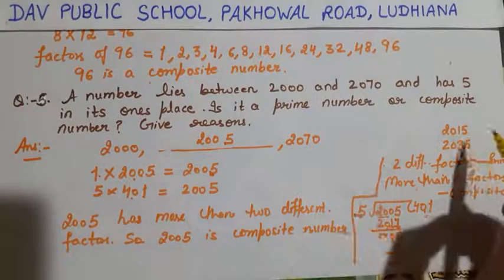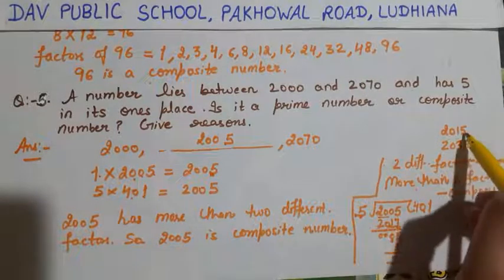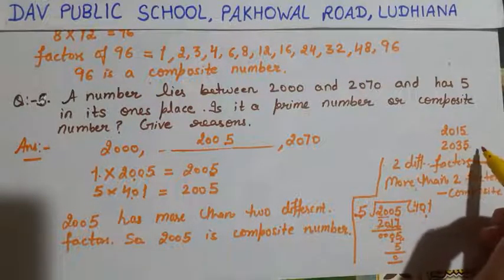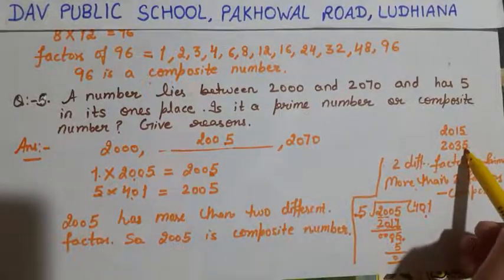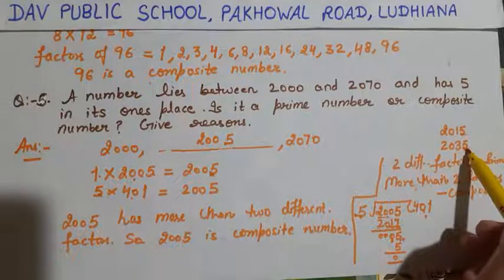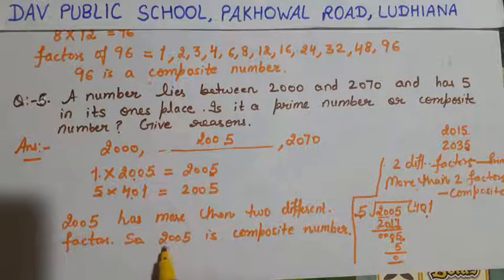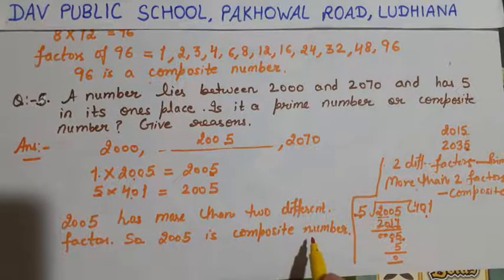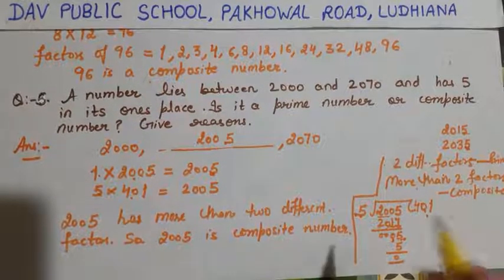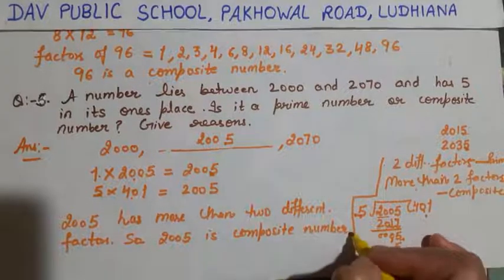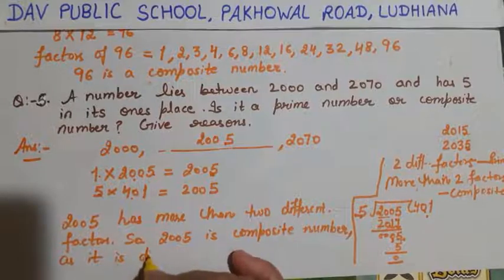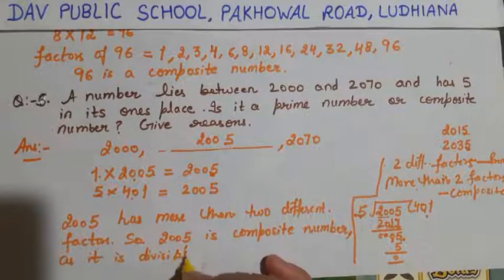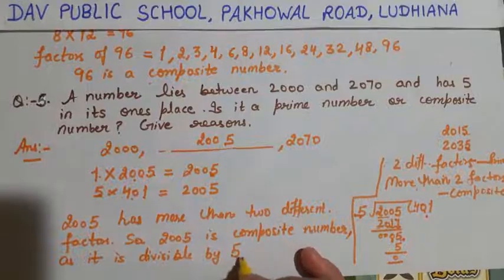Okay, if you take another number, say 2015 or 2035, then also they will have 5 as one of their factors, okay. So obviously they will also have more than 2 different factors, so the number will always be composite, okay. So 2005 is a composite number as it is divisible by 5, okay.